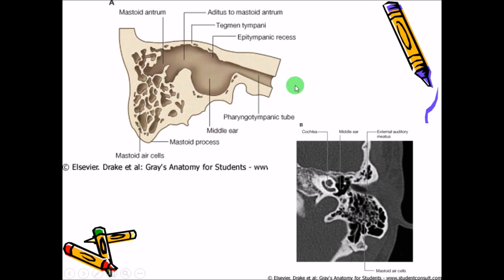This is the pharyngotympanic tube, which is communicating with the nasopharynx from the anterior wall. The posterior wall communicates through the aditus to the mastoid antrum. This is the mastoid antrum, and there are small spaces within this mastoid process. These are called the mastoid air cells, which are communicating with each other.